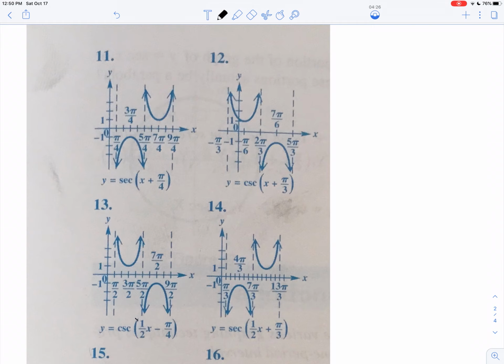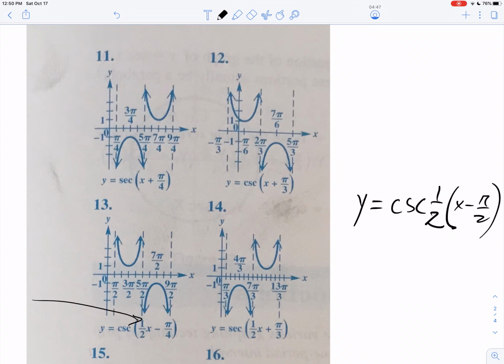Just realize I rewrote every single problem like this so that you don't have to. I won't do that to you on the test. So like number 13, that would be written like this on the test with the 1/2 pulled out. And then I would have x minus pi over 2, because if I were to distribute it back in, it would say that.